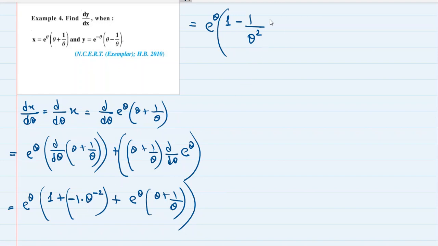Plus e raised to theta times (theta plus 1 by theta). Okay, let's see how to simplify this.